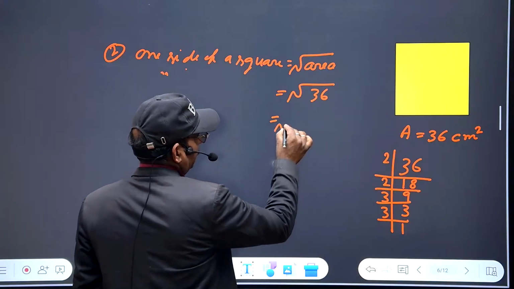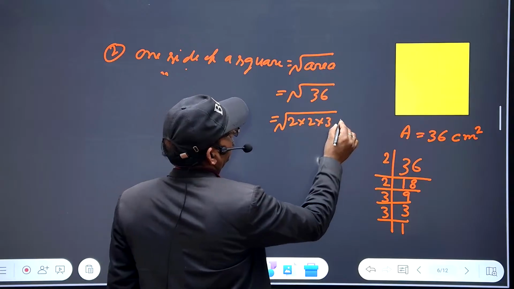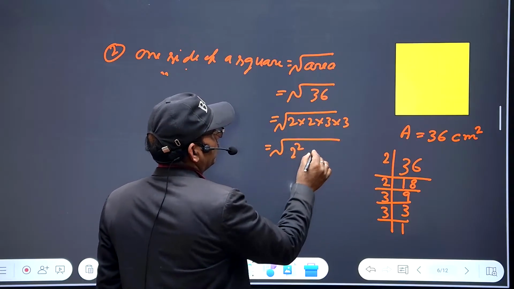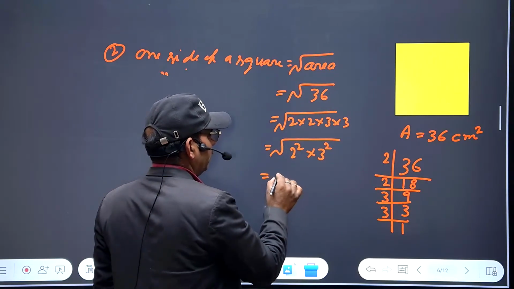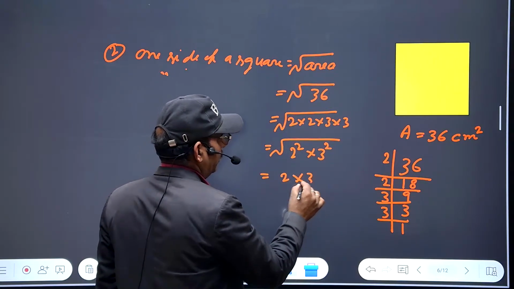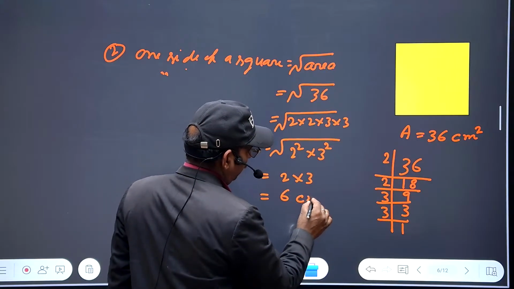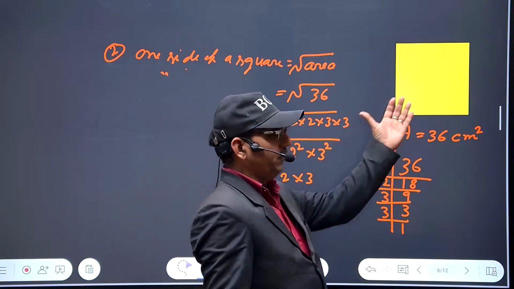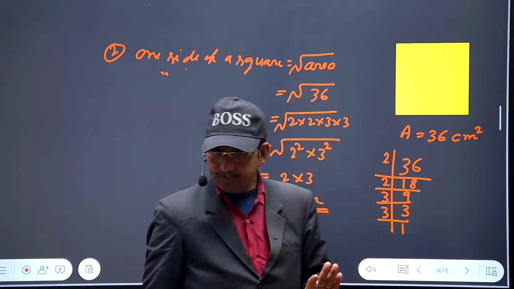Here you write 2 into 2 into 3 into 3, that is 2 ka square into 3 ka square. The root symbol is removed and 2 into 3 gives 6 centimeter. So 6 centimeter will be one side of the square. All sides will be the same. It is clear.